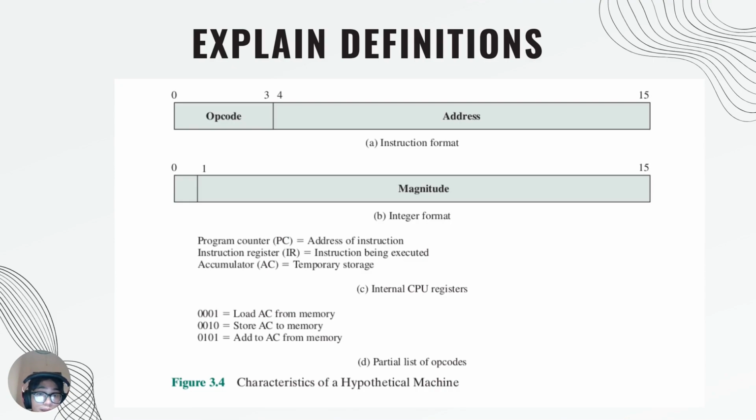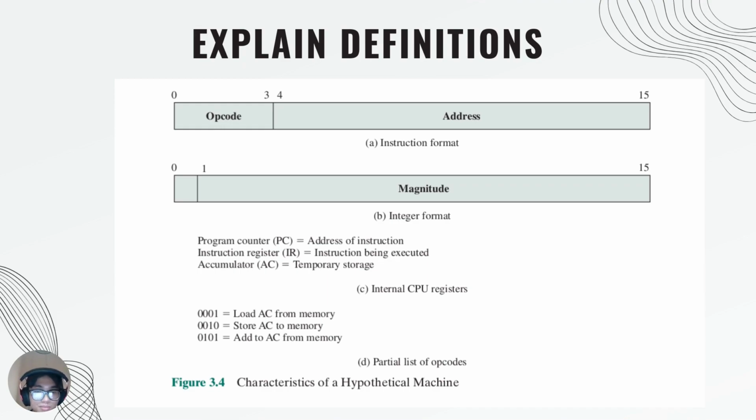As you can see here, the instruction format has an opcode and an address, which is 4 bits of opcode and 12 bits of address. The 4 bits of opcode are bits 0 to 3, and the address is bits 4 to 15.